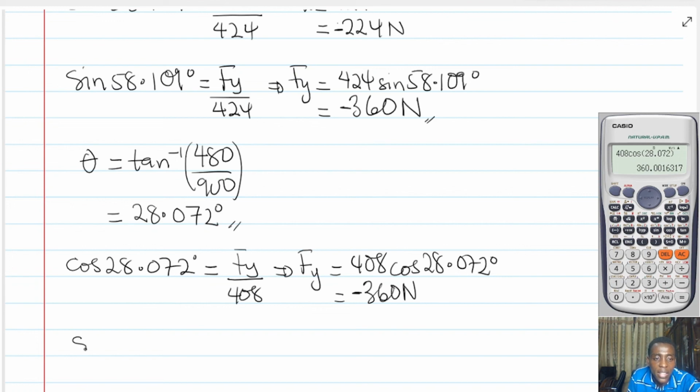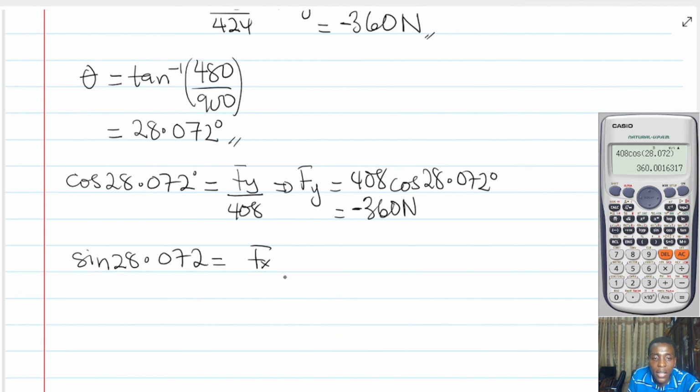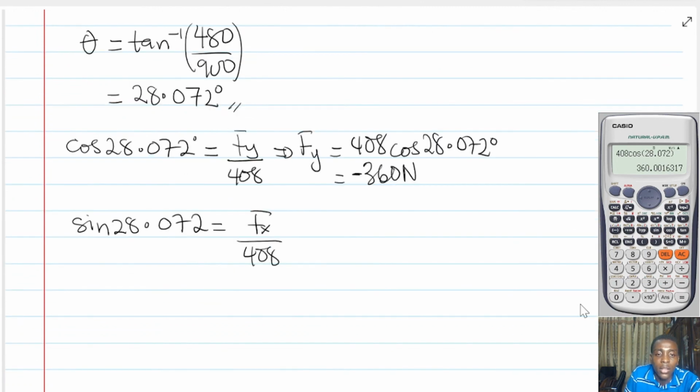Let's find the fx. So obviously, the sine is going to give us fx divided by hypotenuse. Now let's find fx from here. It's going to be 408 sine 28.072.